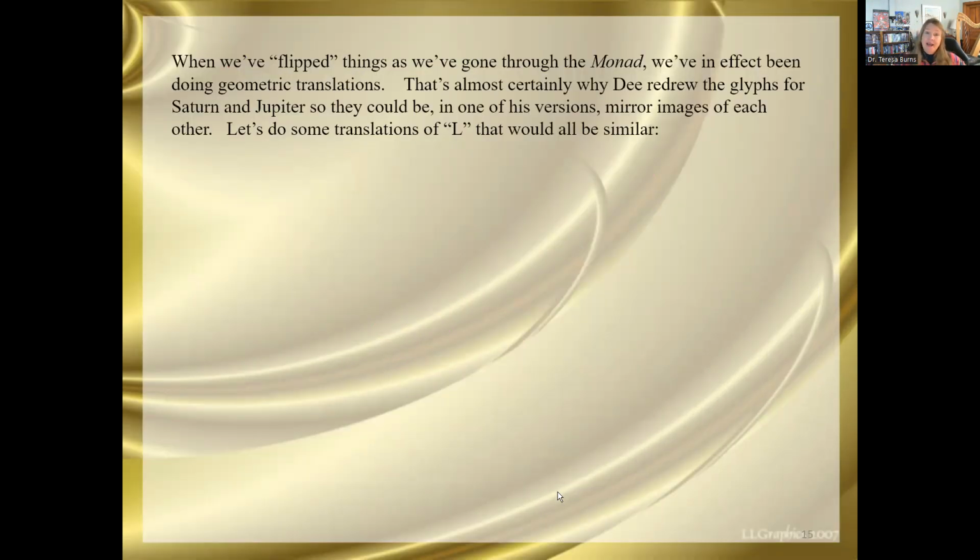As we've gone through the monad and we flipped things within the same dimension, like in 16, we've done it many places. We're in effect doing geometric translations or transformations, and that is probably why in 12 and 13, which Wilson talks about in that article, you get the glyphs for Saturn and Jupiter redrawn so that they're mirroring each other, and then in 13 they show up mirrored and on the same side of the thing they're rotating around.